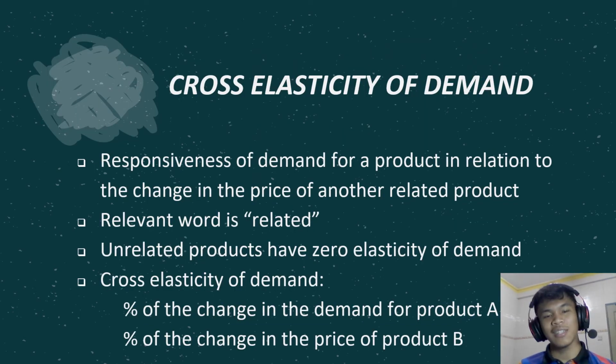The last subtopic for elasticity of demand is cross elasticity. Cross elasticity of demand is the responsiveness of demand for a product in relation to the change in the price of another related product. The relevant word is related. Unrelated products have zero elasticity of demand. So let's see the formula for this subtopic.